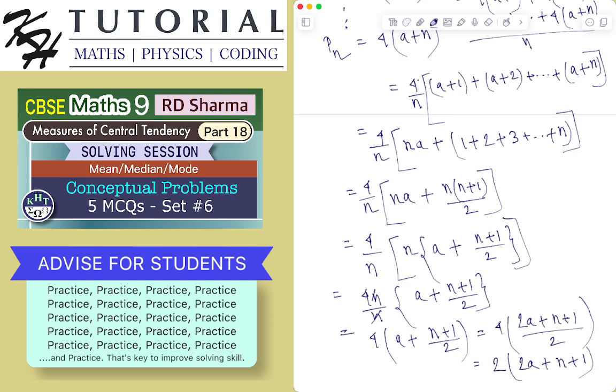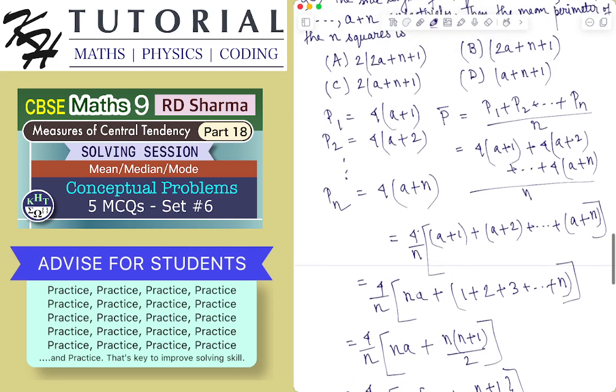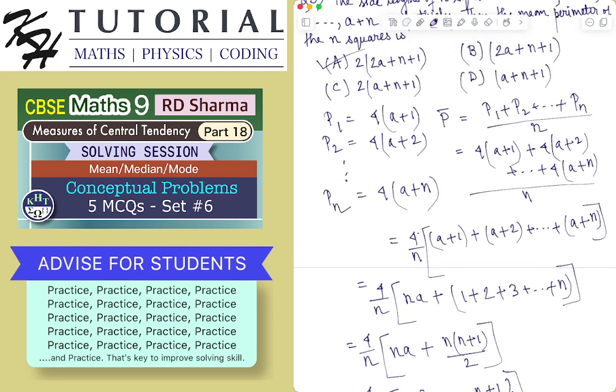So the mean of all the perimeters of the squares is 2 into 2a plus n plus 1. So the correct choice is A. A is the correct choice.